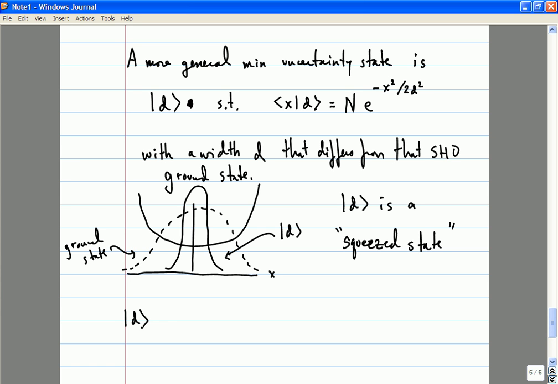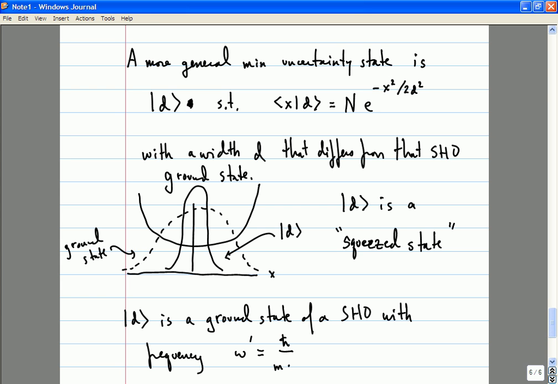So in particular, it is the ground state of a harmonic oscillator, but it's the ground state of a simple harmonic oscillator with different frequency. With some frequency omega prime, that would be h bar over m times d squared. Just comparing our definition of the state in terms of its wave function to the wave function of a simple harmonic oscillator.